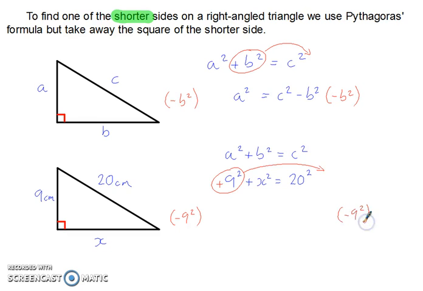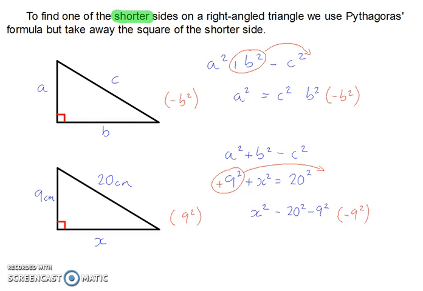And this is what it looks like. We're left with X squared on the left hand side equals 20 squared. This part stays the same, and then this 9 squared that's been brought across we can take away from the 20 squared.